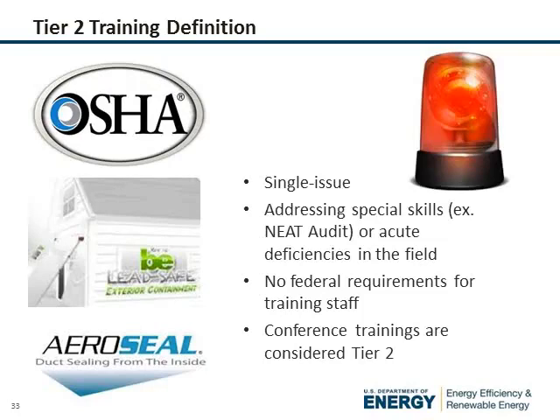The other way that Tier 2 can be used is for emergencies, right? If you in your quality control inspection process find out that a crew just isn't performing in a certain thing, their attic air sealing work is not up to par, and you just need to get them into training really quick so that the next few houses they perform are better than the last few, that's okay too.